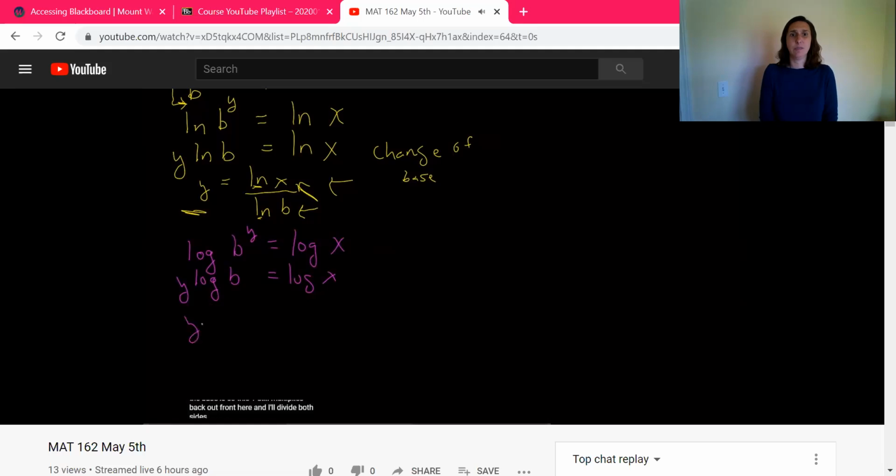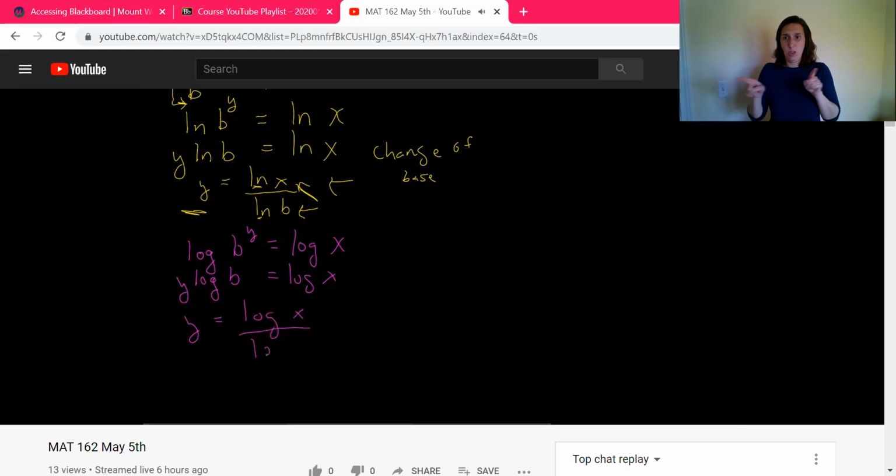And I'll divide both sides by log of b. And I have my change of base with log base 10.